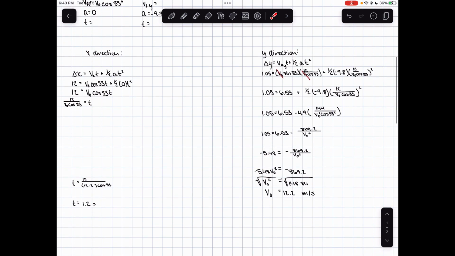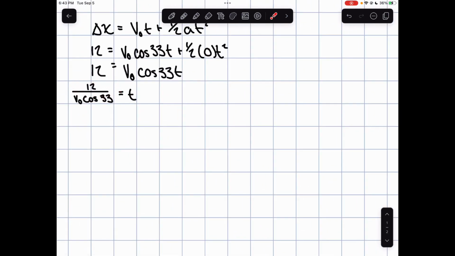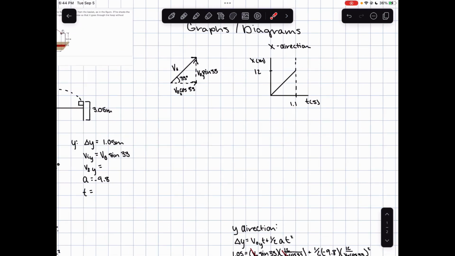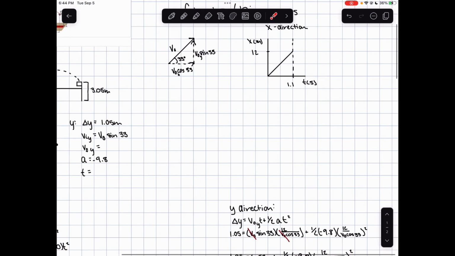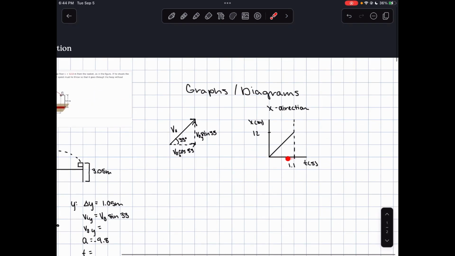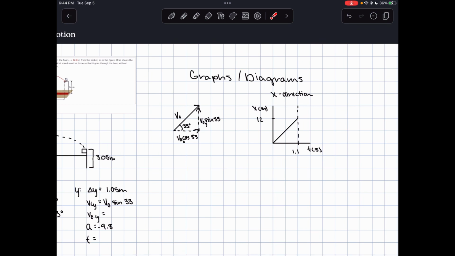Well, we're going to take our equation, 12 over V naught cosine 33, and plug in our new information of 12.2 to get a time of about 1.1 seconds. And we can reason this out because if it's 12 meters away and it's traveling about 12.2 meters per second, we know it should only take about a second to get there. So that's how we can test our answer and take a look at it in a conceptual light.